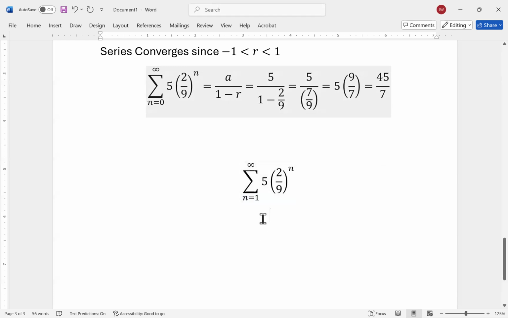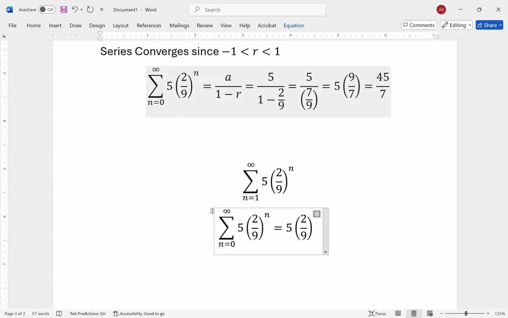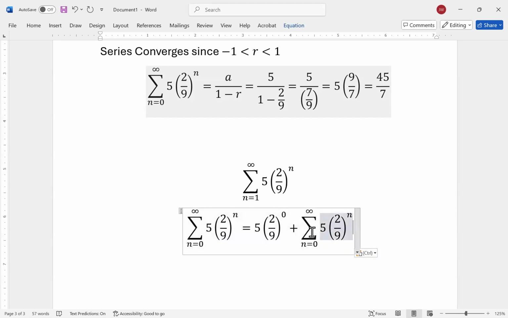In other words, starting my count at 0 gives me 5 times 2/9 raised to the 0th power plus all the other terms. And all of the other terms is going to be a summation starting at 1 and going to infinity.